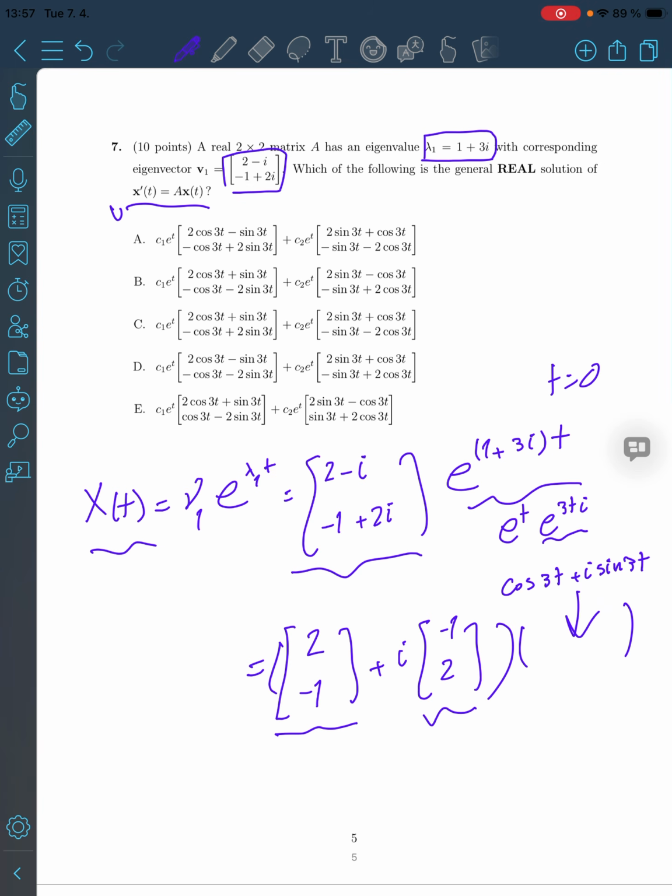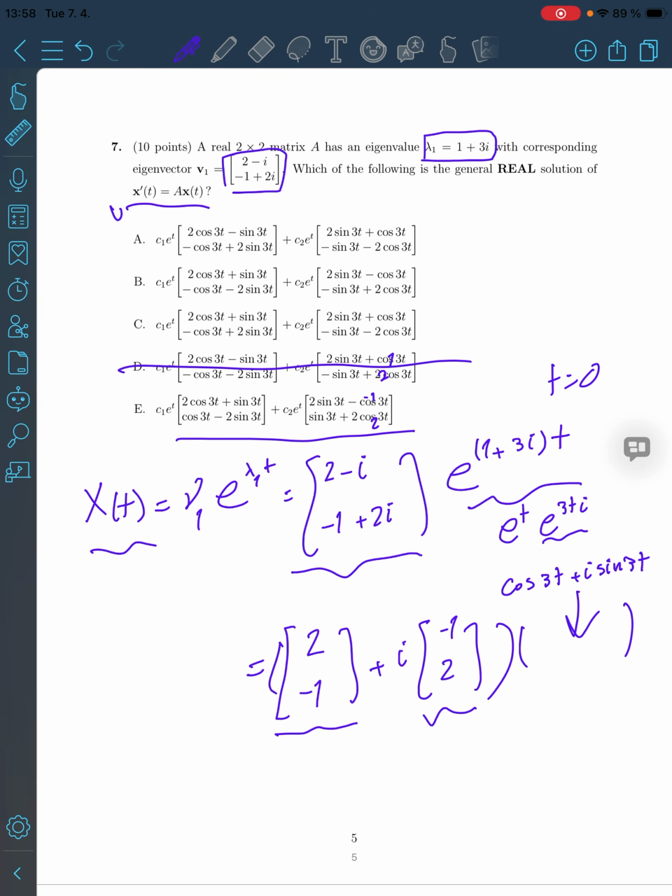For example, if you look at this option, if you take t to be 0, okay, you can get negative 1 and 2 here, then okay, might be the answer. But here, if you take, for example, t to be 0, here you can get 1 and 2, therefore this is not the answer.